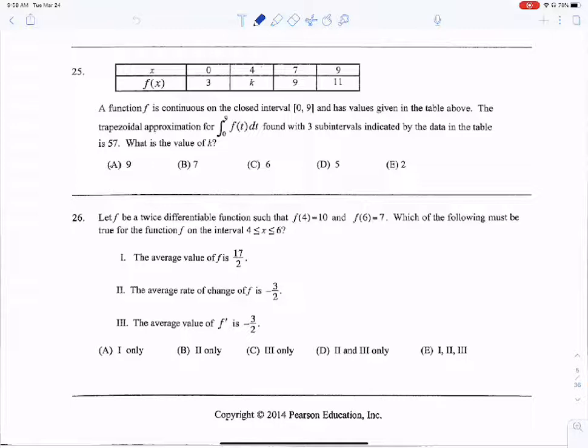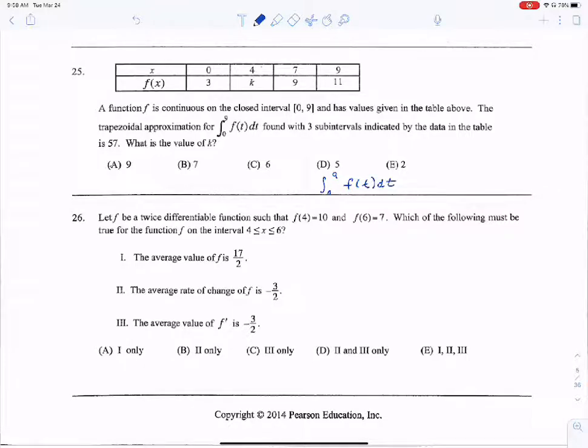Okay, what I'm going to do with this one is set this up. In other words, I'm going to evaluate it like I normally would if this was a free response question.